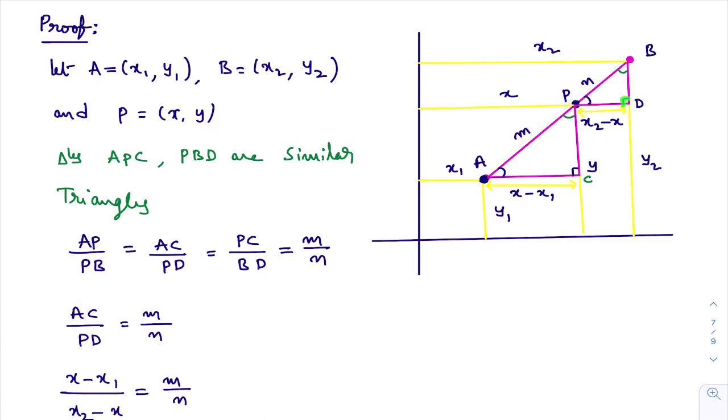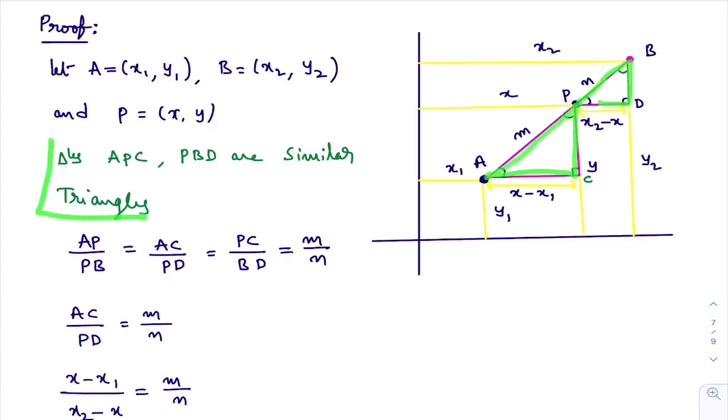First, in this diagram, here 90 degrees, here 90 degrees. And this angle, corresponding angles are equal. In a triangle, if two angles are the same, obviously the third angle also will be the same. So from this figure you can easily understand these triangles are similar triangles.